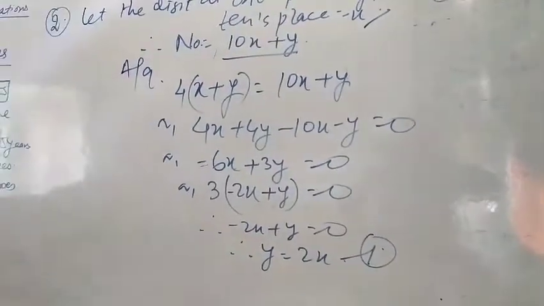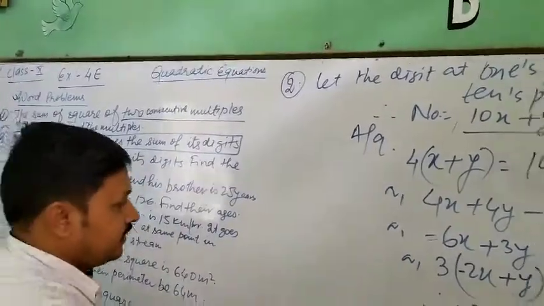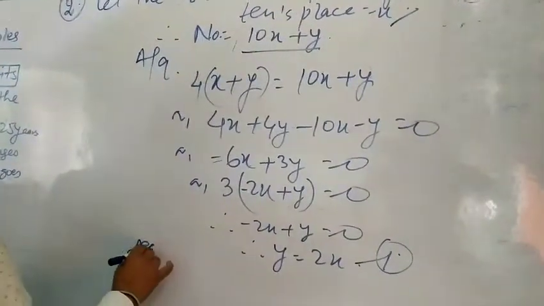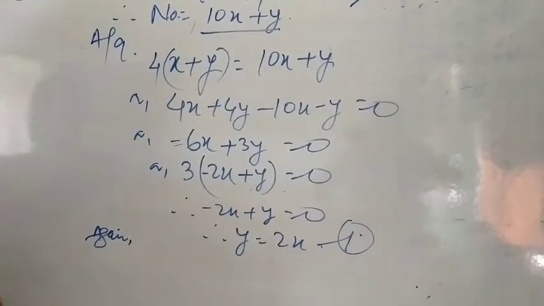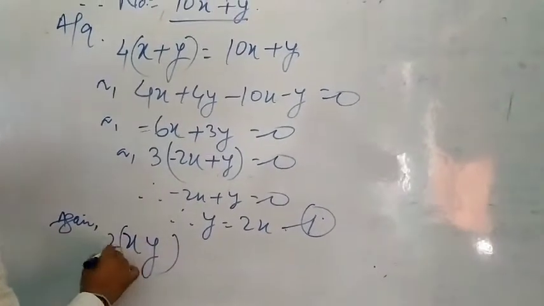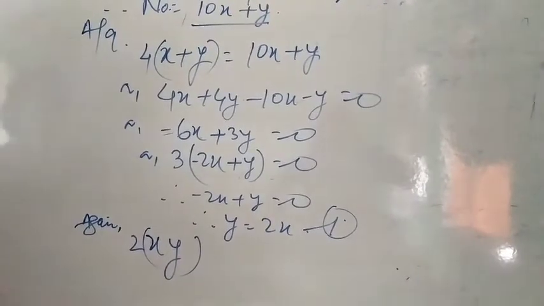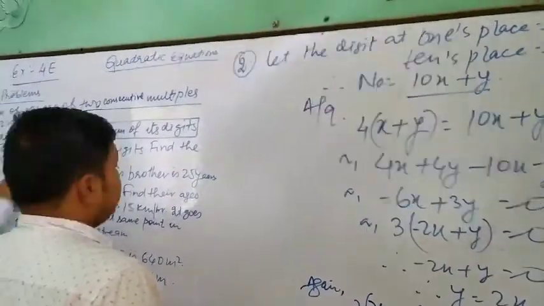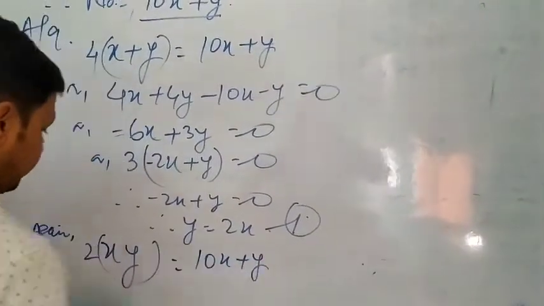In the next condition, the number is twice the product of its digits. The product of its digits is x into y, so twice the product equals the two-digit number, that means 10x plus y.